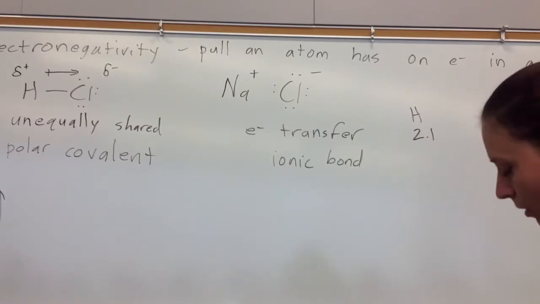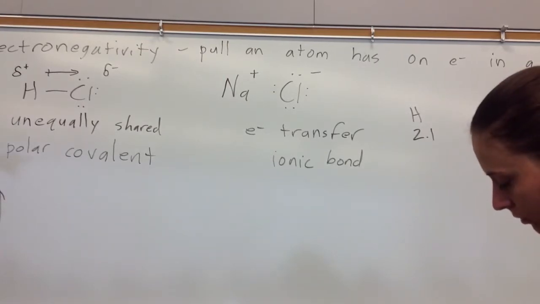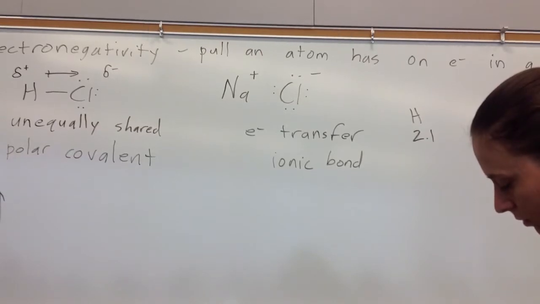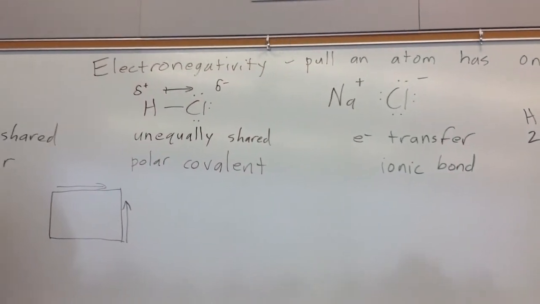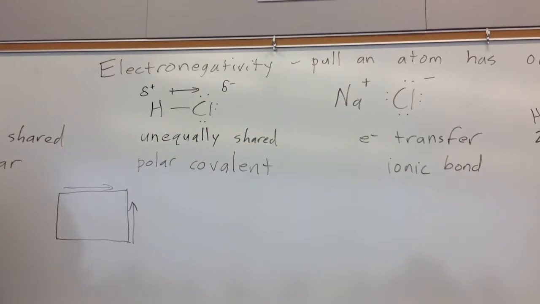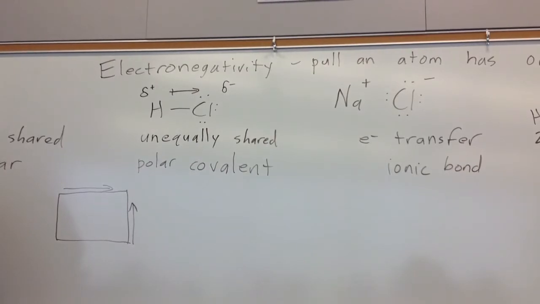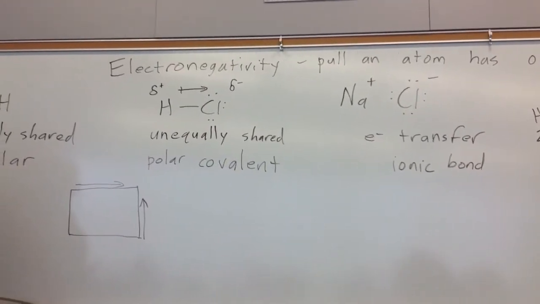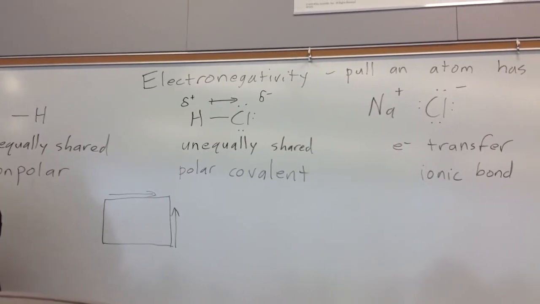We've already talked about the trend, particularly if I look at carbon through fluorine. Does that follow the trend? It's getting bigger as I go from carbon towards fluorine. And if I look at chlorine and fluorine, it's getting bigger as I go up.